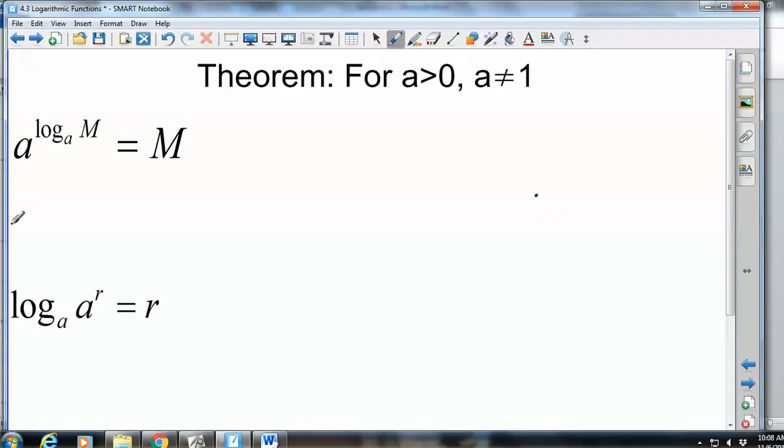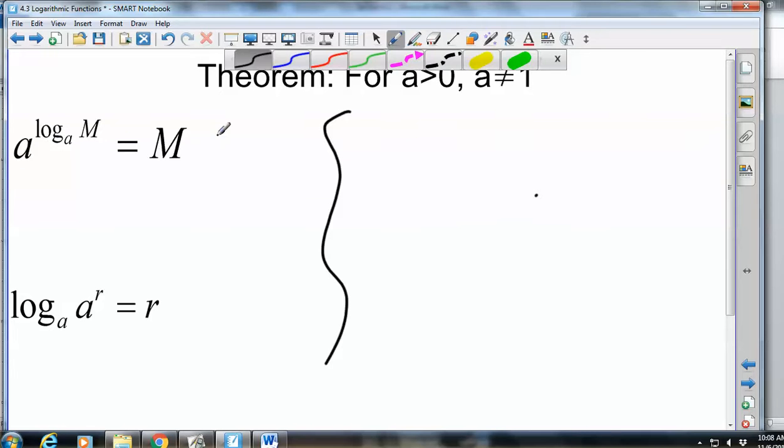What that means is if you do both operations, the exponential and the log, they essentially cancel one another out. So this one maybe doesn't seem as obvious as the second one. The justification behind them, you don't necessarily have to write this down. If you just remember, if the base of the exponential and the base of the log are the same, they can drop.